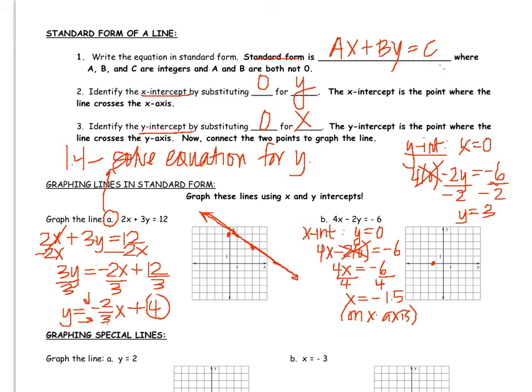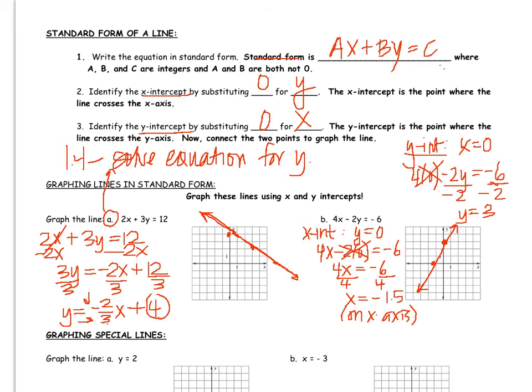So I go on my y-axis up to 3, and I plot a point, and all I have to do now is connect those 2 points. Most of the time in standard form, using the x and the y-intercept is the better method. Sometimes, though, you can get away by solving like you did in part A. Okay, so just kind of be aware of that as you're going through.